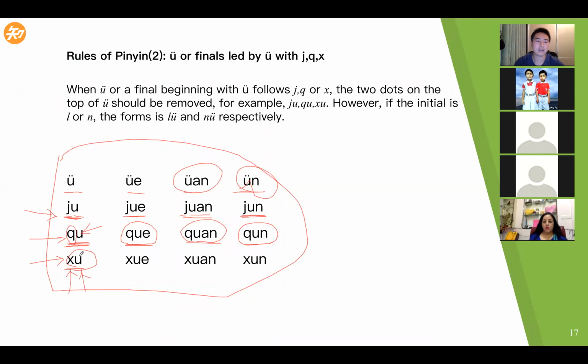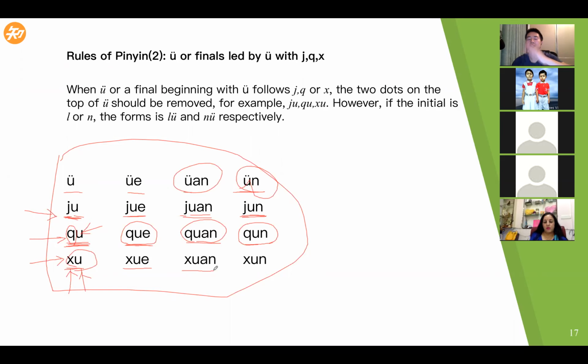Because we didn't mark the tone here, you can pronounce it in the first tone. So this is xi, yu, xu, xu. Okay, now the next one. Xue, xue, xi, yue, xue. Okay, yeah, now the next one. Xuan.